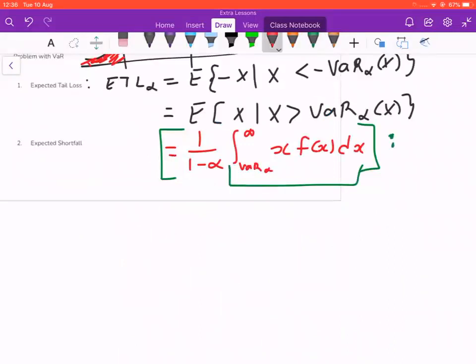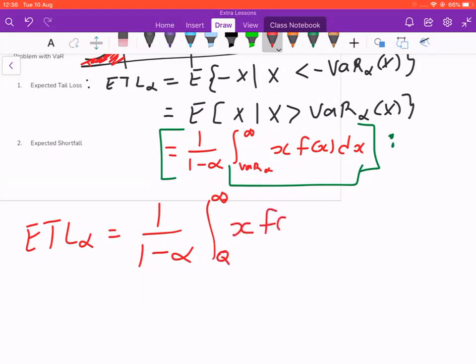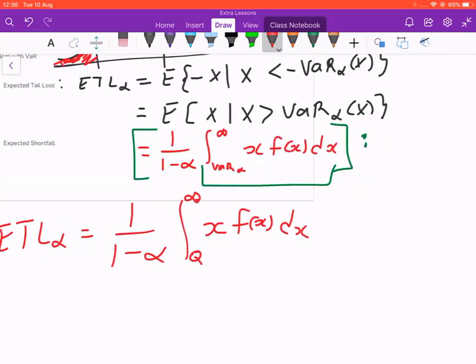You will say that expected tail loss will be equal to 1 over 1 minus the confidence level, times the integral from VaR to infinity. It's going to be difficult to keep writing VaR, so I'm going to use Q, which is what many articles I read use. So it's the integral from Q of x f(x) dx.